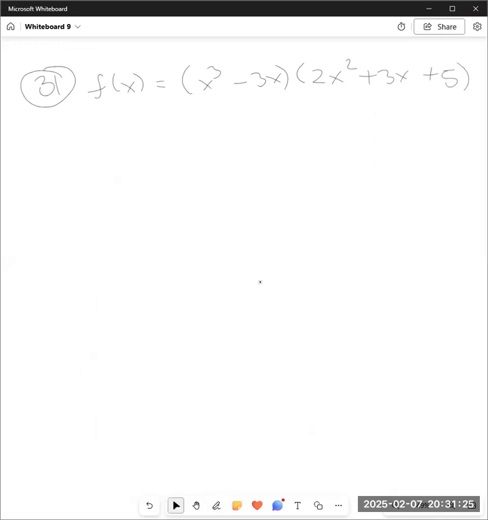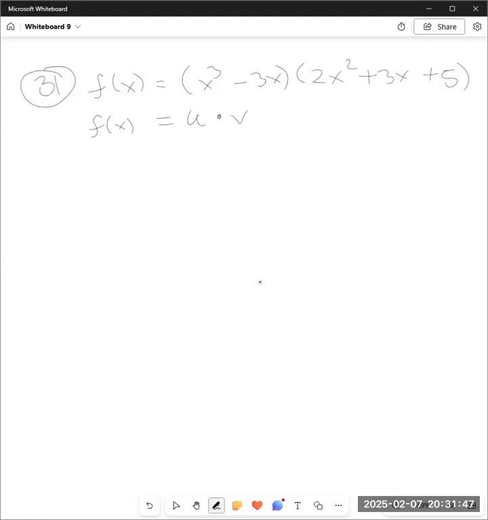That's too much effort for me to expand and make a polynomial to use the power rule with the sum difference rule. So I'm going to write this as u times v to use my product rule instead of just the basic power rule.